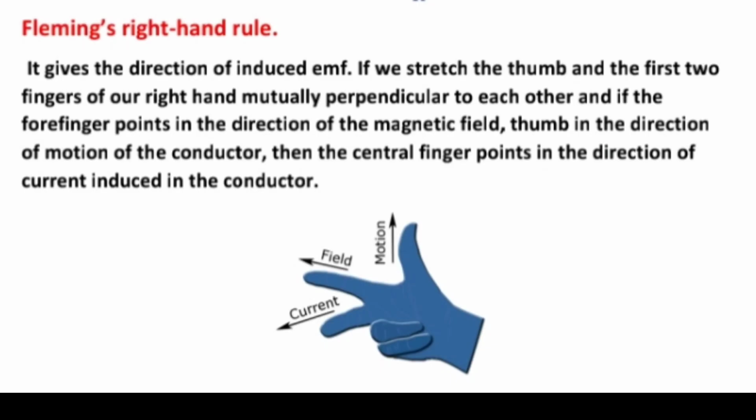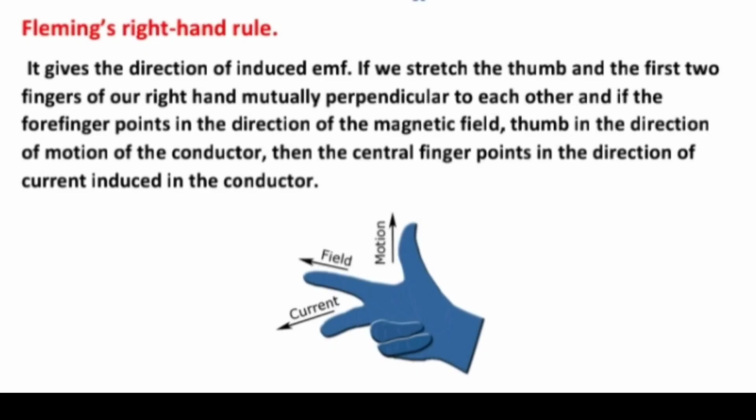For Fleming's right hand rule, you can observe in the given diagram that we are going to understand the direction of the induced EMF with the help of our right hand.